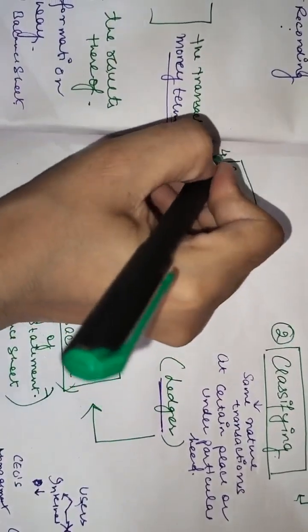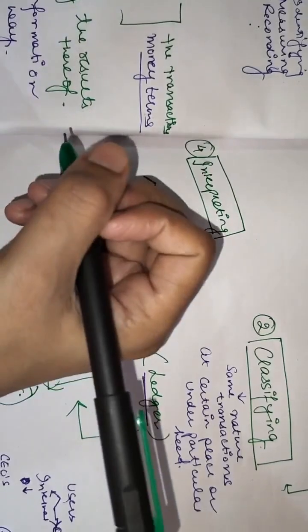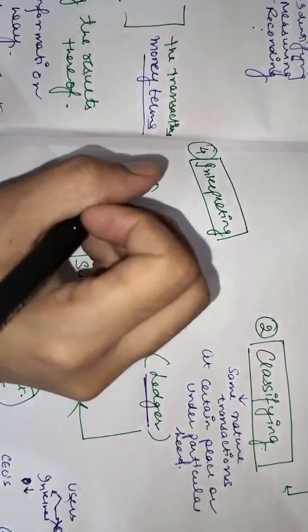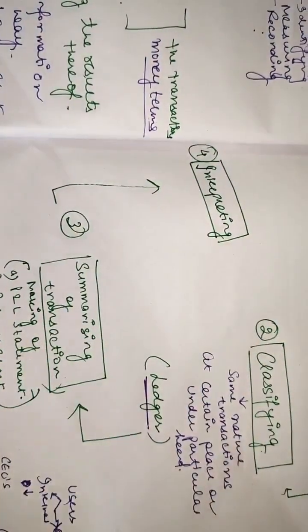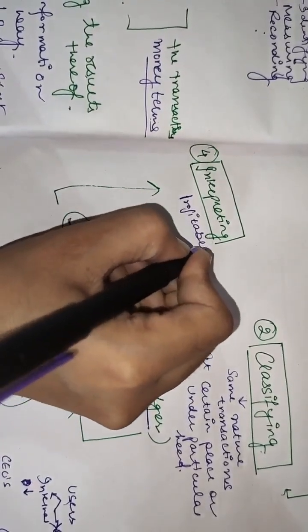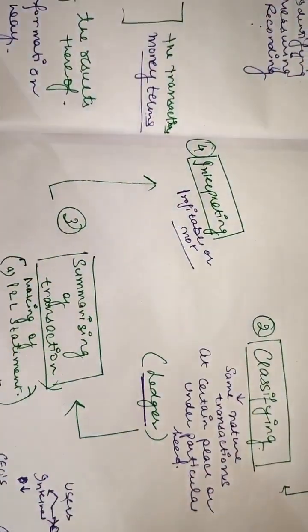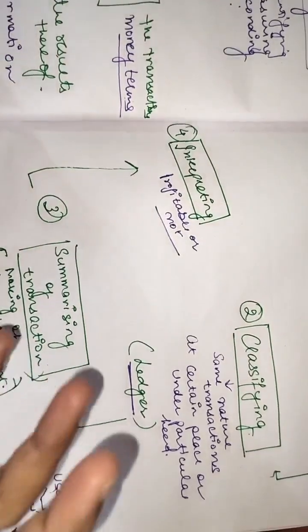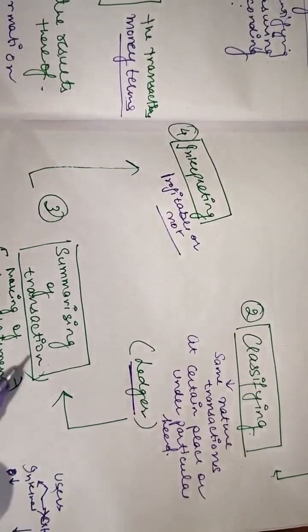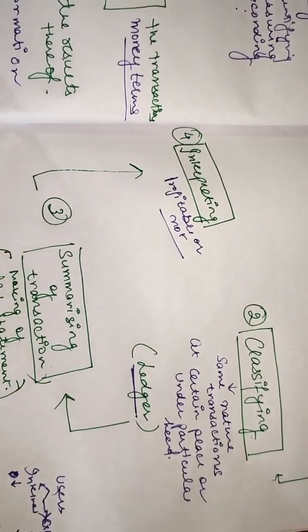What basically interpreting is to make the judgments about the accounting information by the users of accounting information in such a way so that they can see whether it is profitable or not, which means that any information which is being summarized for the users of accounting will be interpreted or analyzed by the users of accounting for their own purpose.